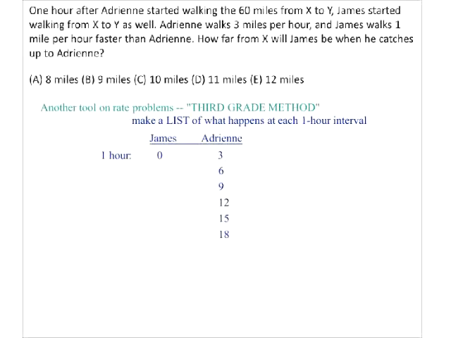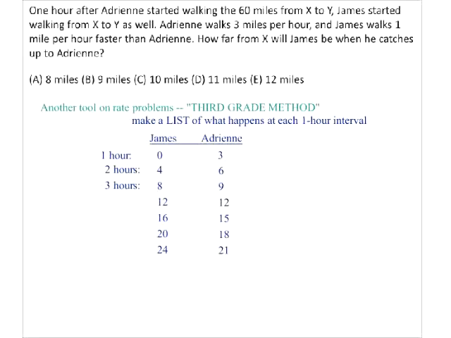So her distances look like that, and he walks 4 miles every hour. So his distances look like this. And this is our hour intervals. So these are distances from the starting point. What we're looking for is where they catch up.